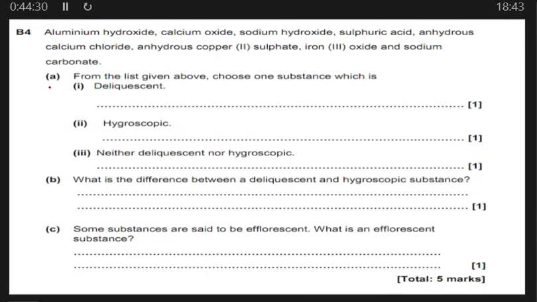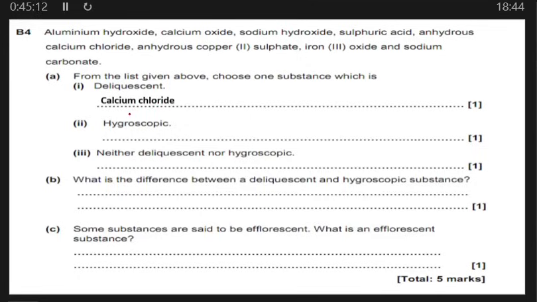Then they're saying A, from the list given above, choose one substance which is deliquescent. So a deliquescent substance is a substance that absorbs water from the environment, and forms a solution.